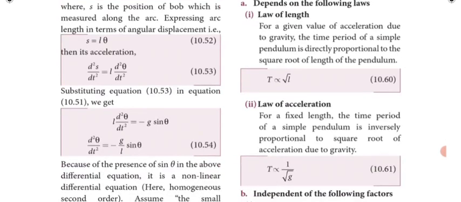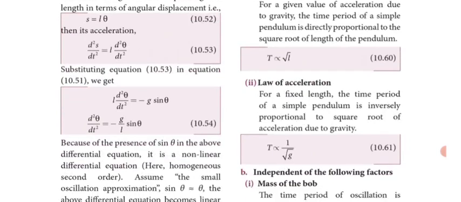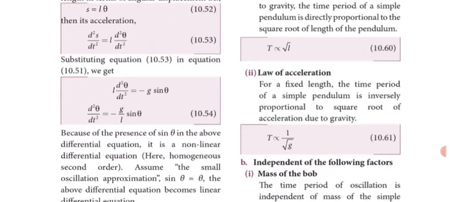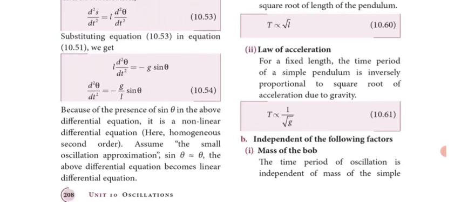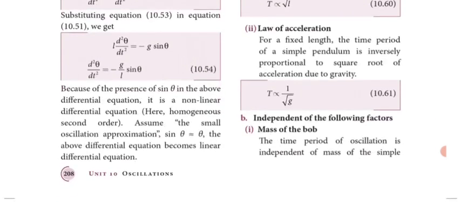Expressing arc length in terms of the angular displacement, s is equal to L theta. Then the acceleration d square s by dt square is equal to L into d square theta by dt square. Substituting this in the equation, we get L d square theta by dt square is equal to minus g sin theta.